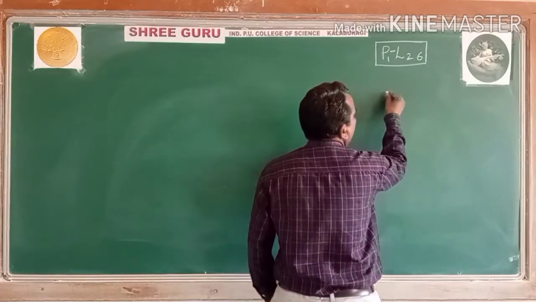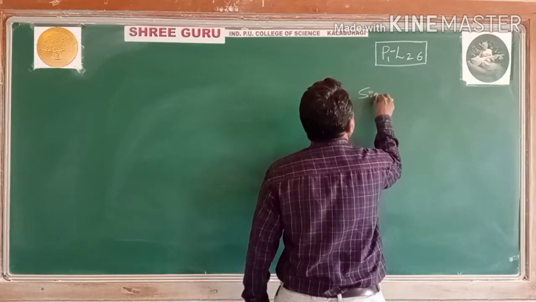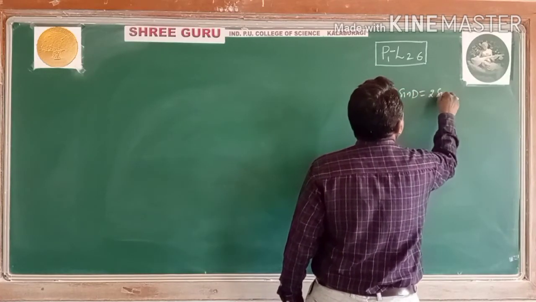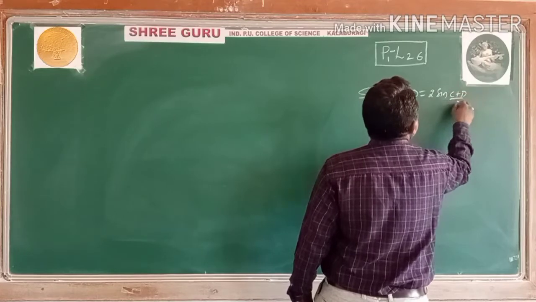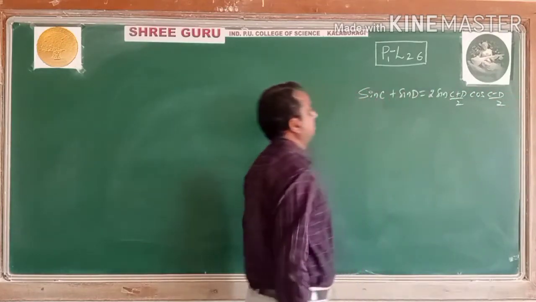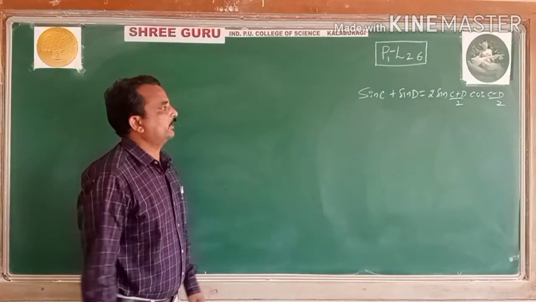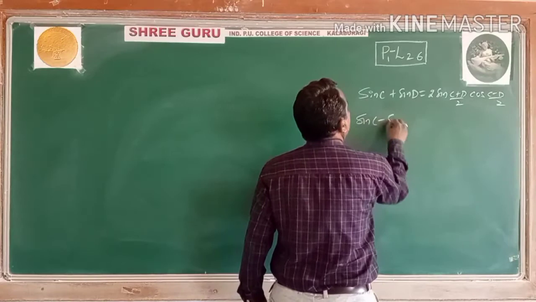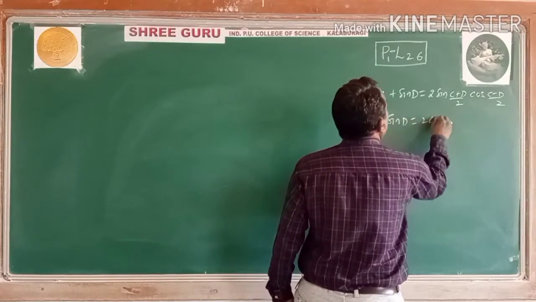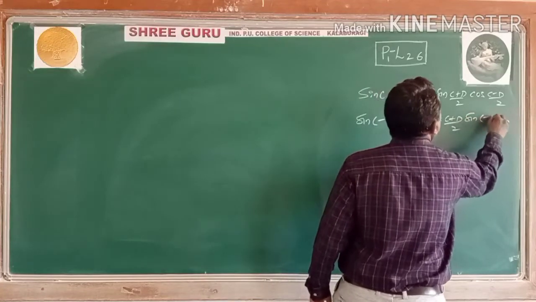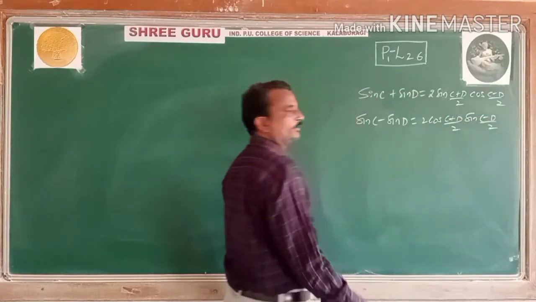Let us first recall the formulas. Sin C plus sin D: first sin, then cos. Sin C minus sin D: first cos, then sin.